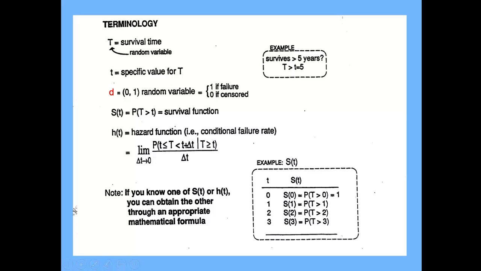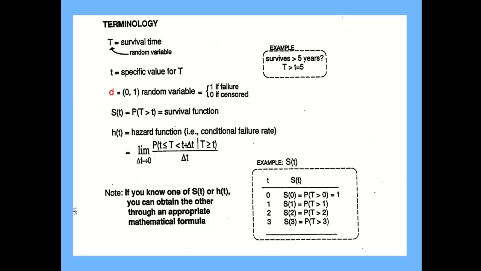Okay, now let me ask you something about this. It's called the survivor function. At time t equal to 0, what's the probability that somebody is going to survive longer than when the study starts or when they entered the study? 1. Probability at the start is always 1: when t is equal to 0, S of 0 is 1. Okay?